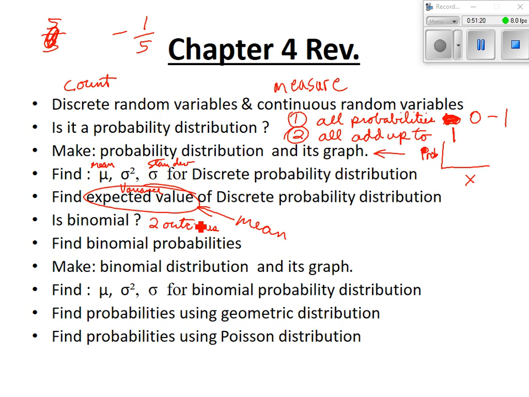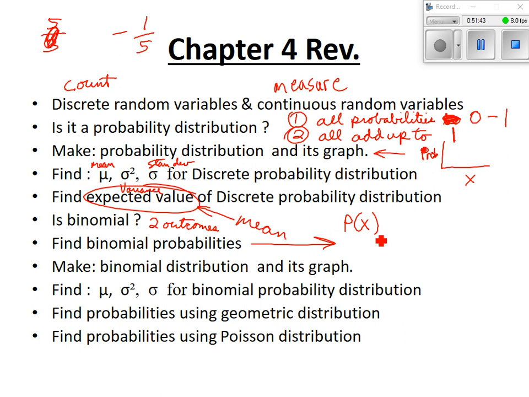The formulas. If you're trying to find the probability for a binomial, I'm going to write this formula down because I think Ms. Clark said a couple times ago that she liked to use the formula. So I'm going to write it down.